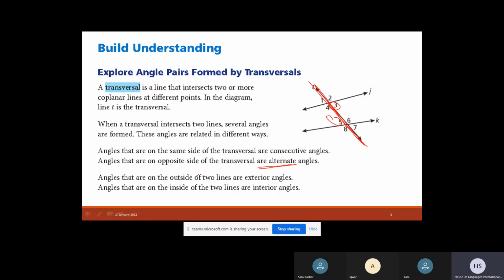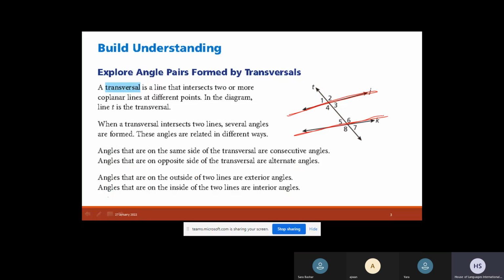Now let's talk about the exterior and interior angles. Interior is like inside, exactly. Well, exterior is really outside. Like interior angles, here we have these 2 angles to these 2 sides.